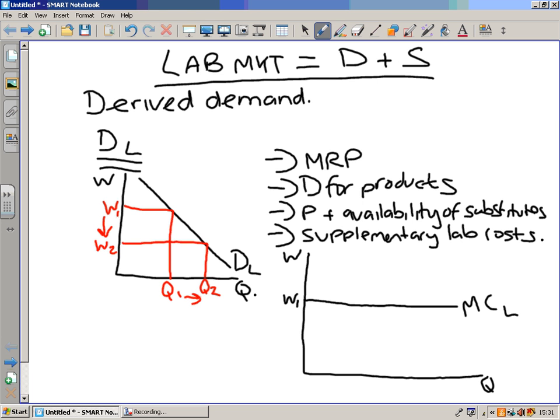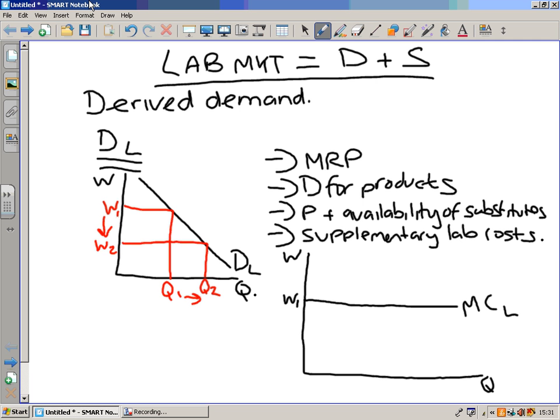So what this shows, every single member of staff this business employs will cost them W1. So if W1 is £25,000 a year, if you employ one person, your labour costs are £25,000. If you employ a second person, it's an additional £25,000. A third person, another £25,000.